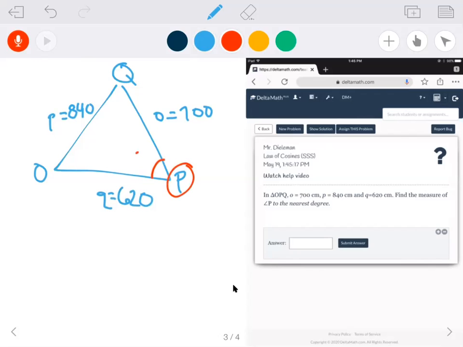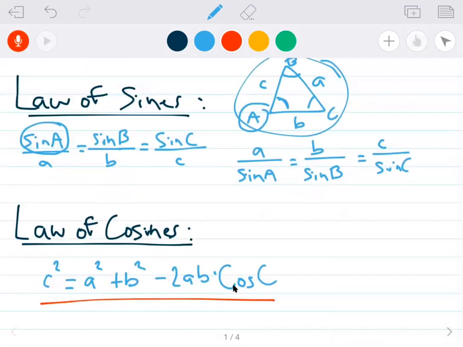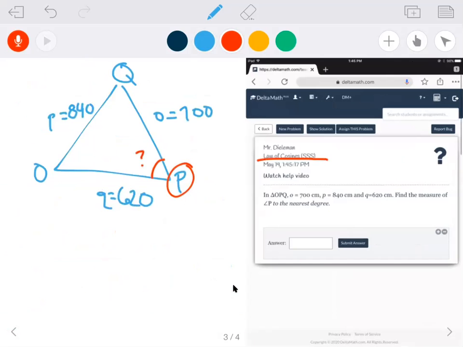So what is angle P? This is a different situation, but they are still telling us to use the law of cosines. So that is still this formula right here, but we're going to use it in a slightly different way. Where do I start it? Well, you always start it with what is unknown.